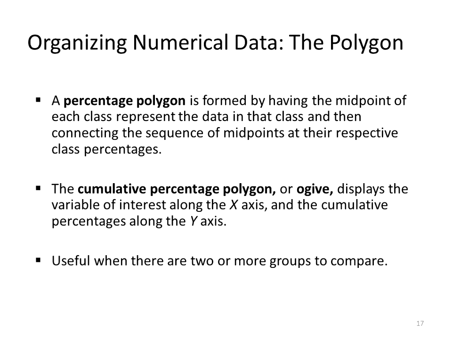The cumulative percentage polygon, or ogive, displays the variable of interest along the x-axis and the cumulative percentage along the y-axis. This is useful when there are two or more groups to compare.